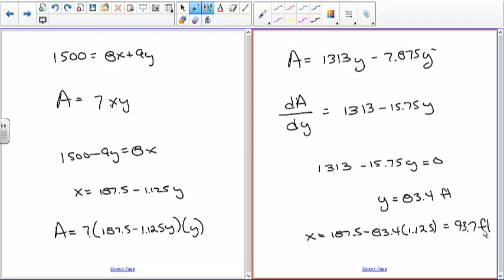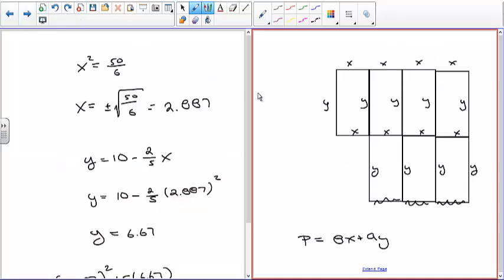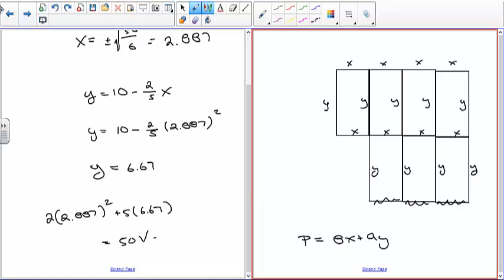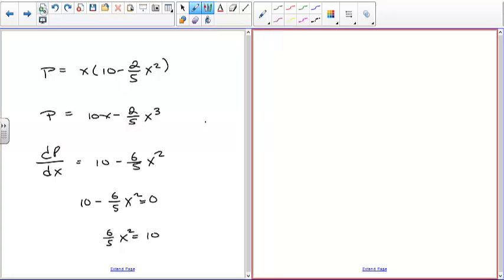And I just realized this problem, how do you use the second derivative test? So what you do is we take the second derivative of p with respect to x. So we go to this equation, and the derivative of 10 is 0.